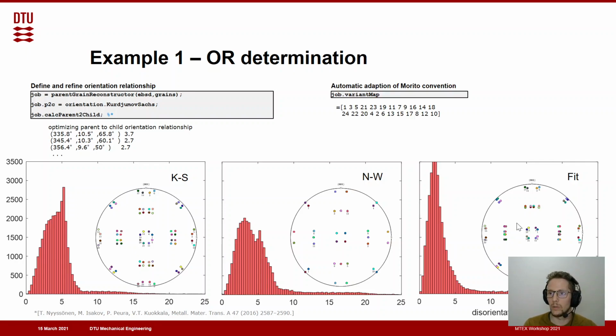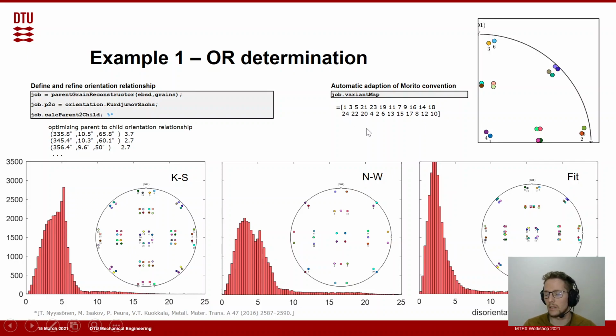So one thing to note, if we do cubic to cubic orientation relationship, MTEX automatically assumes a Morito convention. So the convention of how those variants are sorted and numbered is actually saved in job.variantMap, and this is here the default order, and this gives us the Morito convention in martensitic steels, which basically tells us that on one packet, so the packet, the 111 plane here, and these are all variants that would have formed from one packet, that these are numbered accordingly.